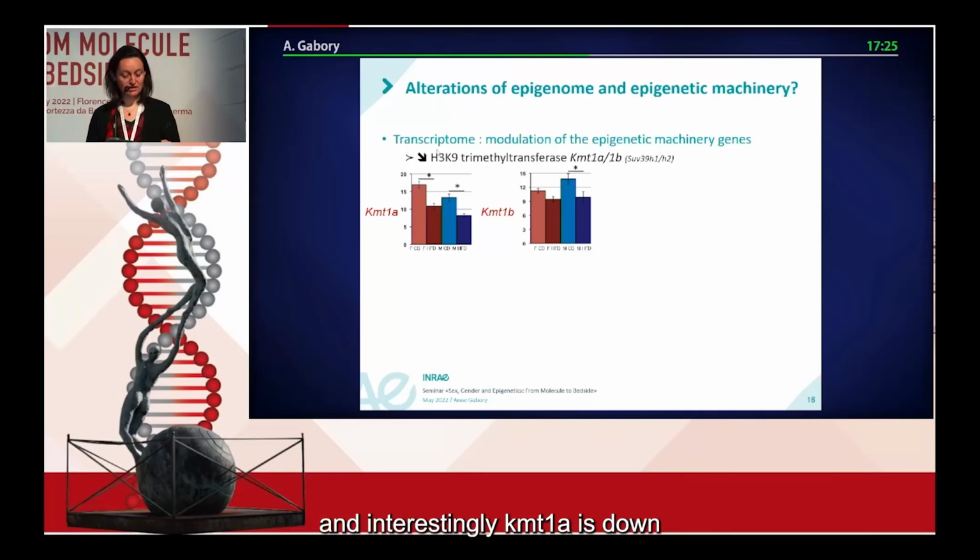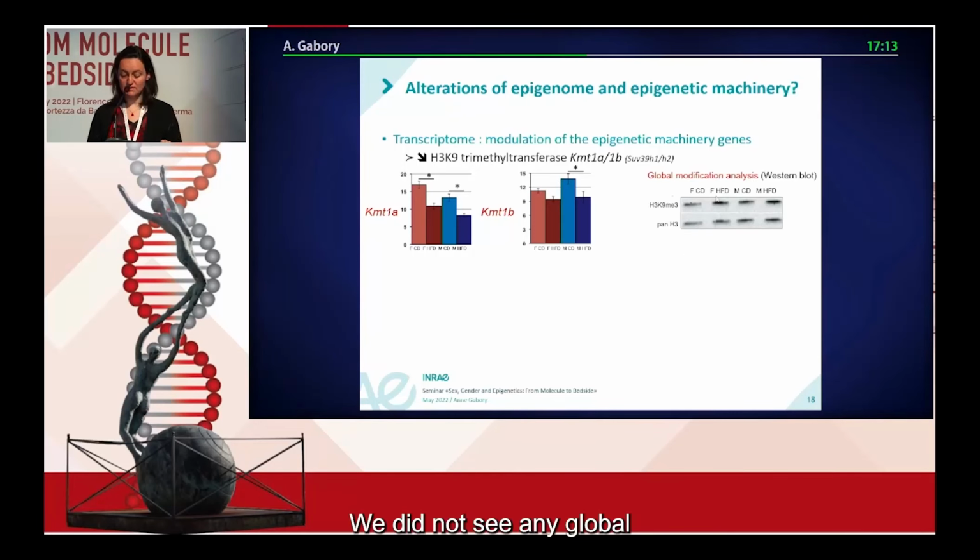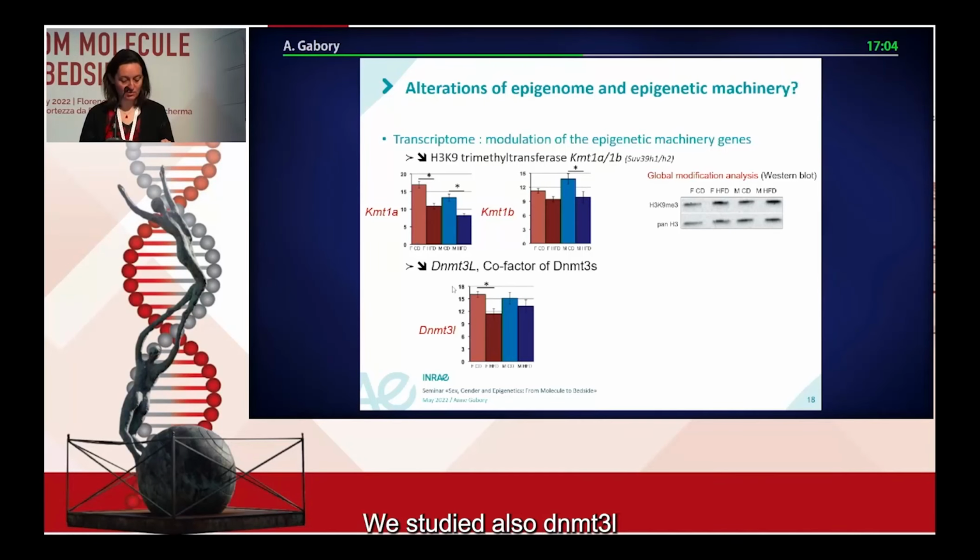And interestingly, KMT1A is downregulated in both sexes, while KMT1B is only decreased in male. We did not see any global modification by Western blot in this epigenetic mark, but actually Western blot is not a very sensitive technique. We studied also DNMT3L, which is a cofactor of the DNMT3s, and we noticed that there is downregulation of DNMT3L according to maternal diet only in female here.